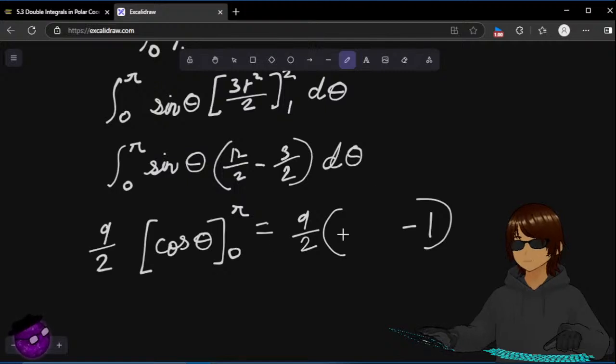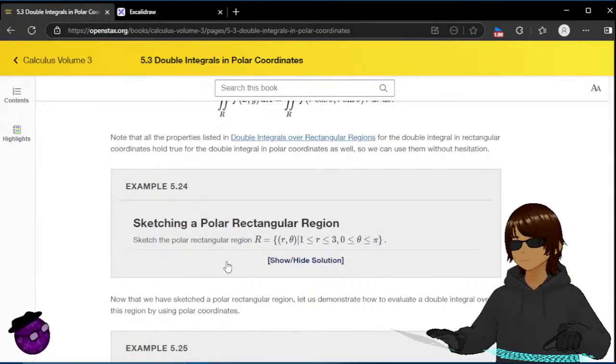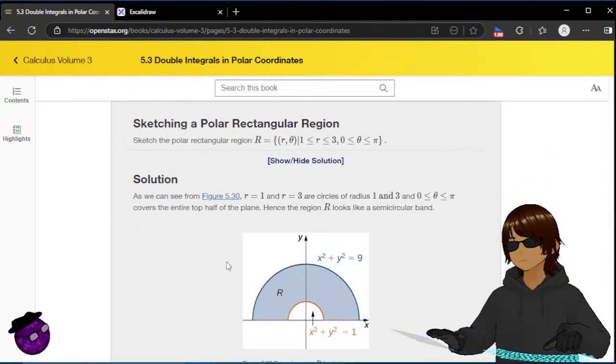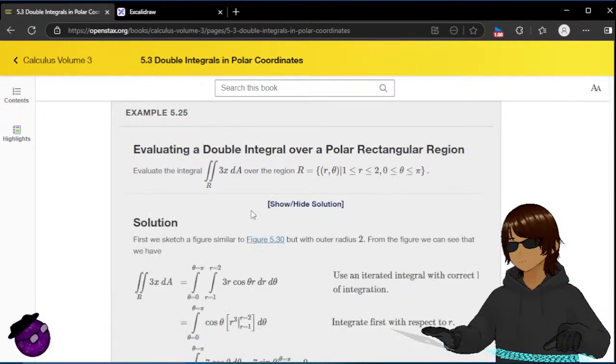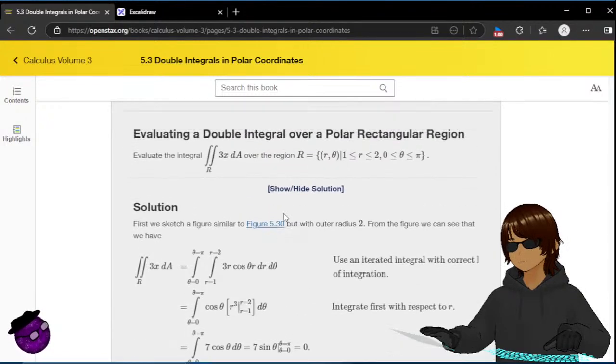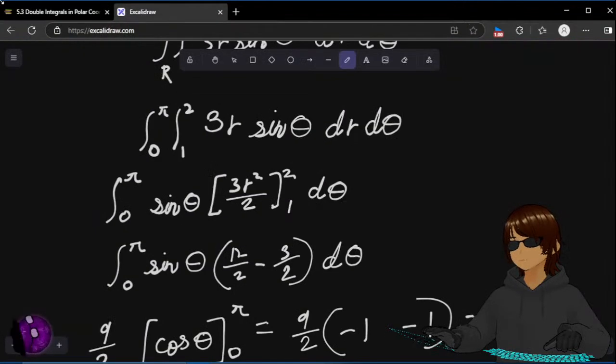Cos pi is negative 1, right? So we are left with negative 9. Hold on. From 1 to 2 to 0 to pi.